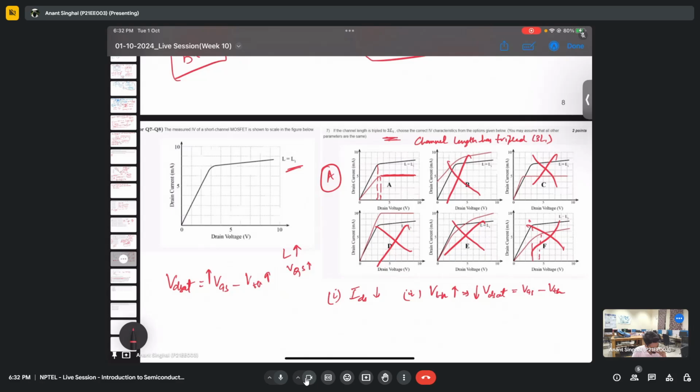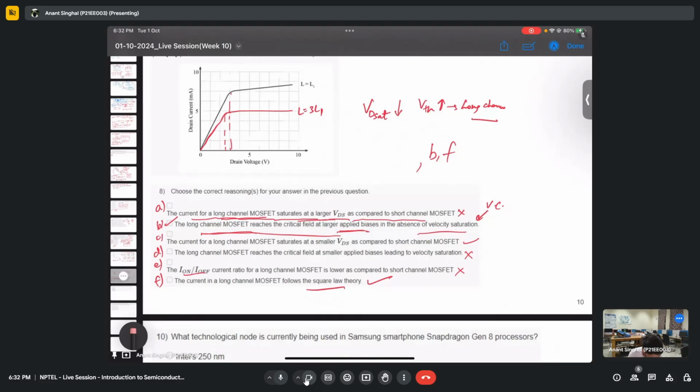Sir, could you elaborate a little more on option number B? Okay. It says the long channel MOSFET reaches the critical field. For the long channel MOSFET, we will have the absence of velocity saturation. That is for sure, and it will only reach a certain electric field when we have a larger VDS. That is a straightforward thing, right?